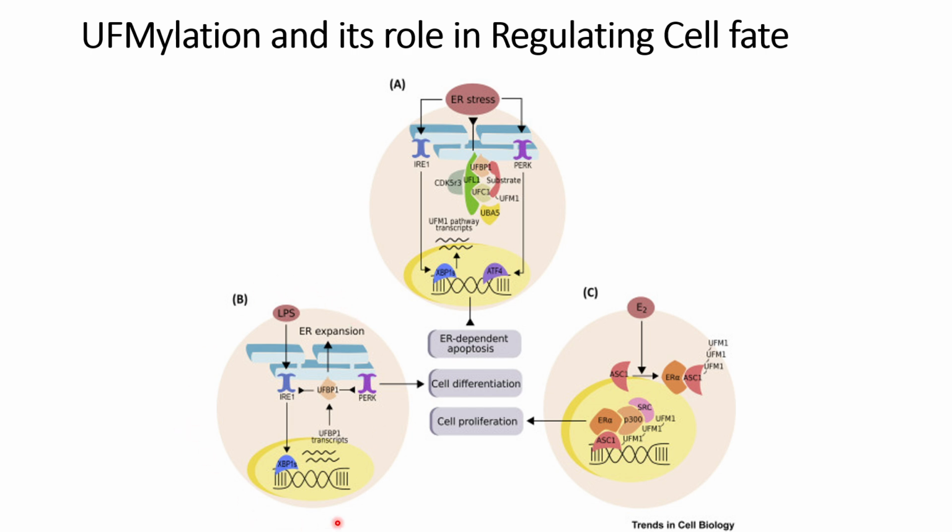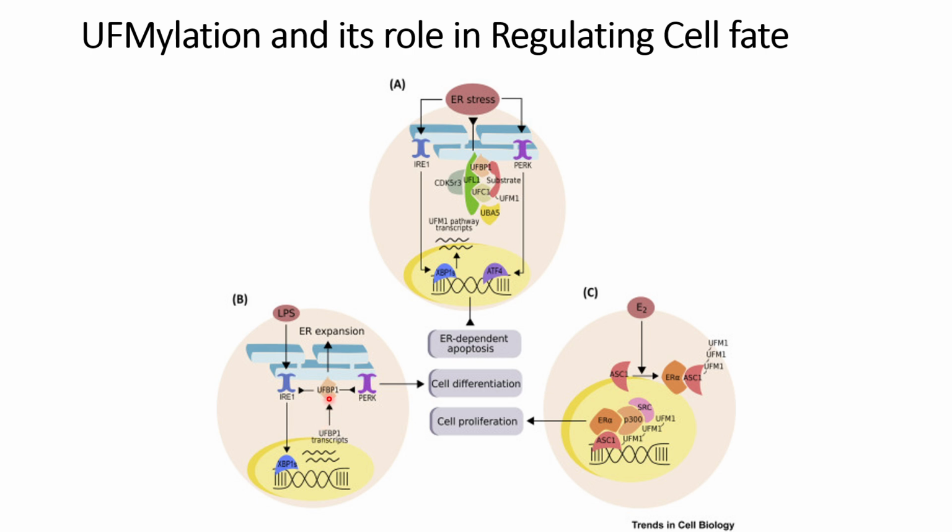This example is about B cell differentiation. In this B cell differentiation, LPS will trigger ER expansion, and LPS will trigger this ER stress, that will lead to the upregulation of the IRE1 alpha and PERK pathways, and it will cause an increase in the spliced form of XBP1, and that will cause the production of the UFBP1 transcript.